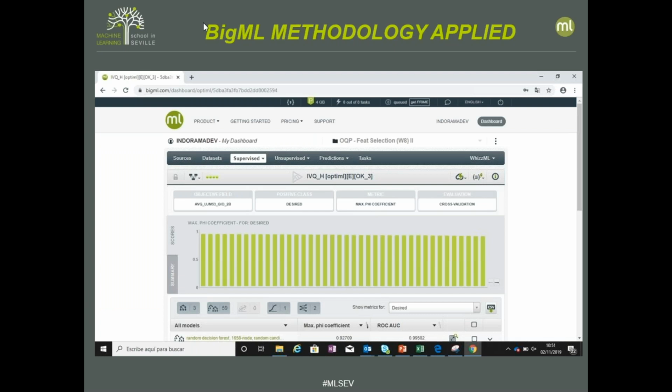Having passed through all these stages of the analysis, we made an optimization. We ran the model and more than 90 optimal models were obtained, shown here with different kinds of accuracy, recall, and precision.